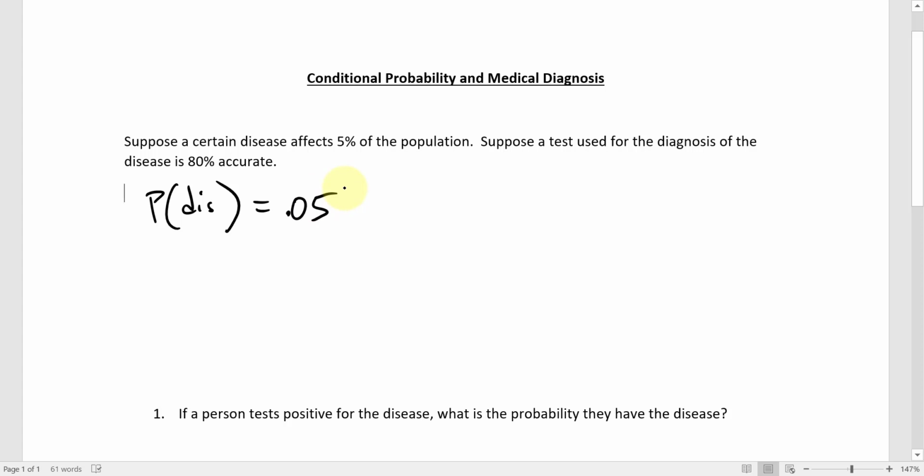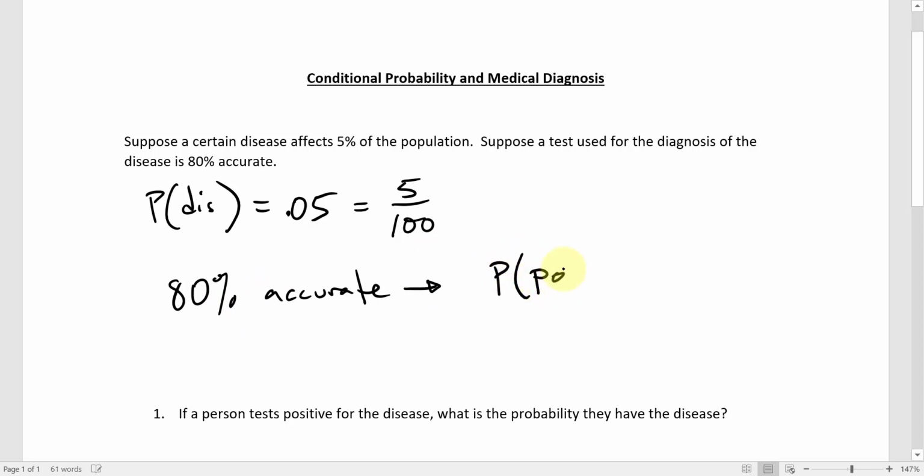I'll get back to talking about that more, and that's an important point, but that can also be written as 5 out of 100.